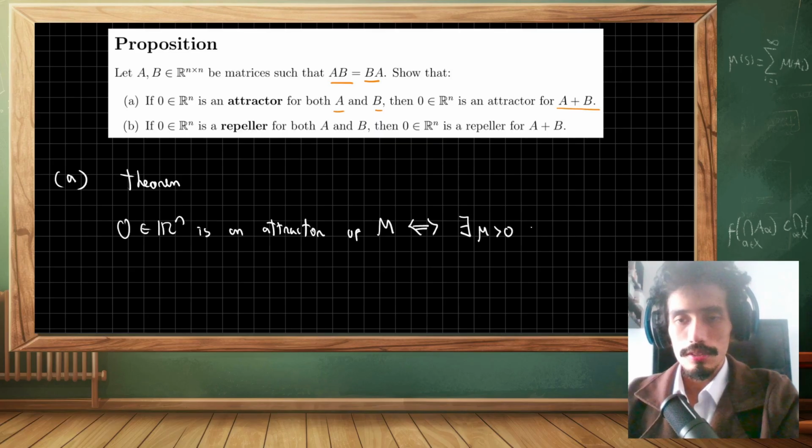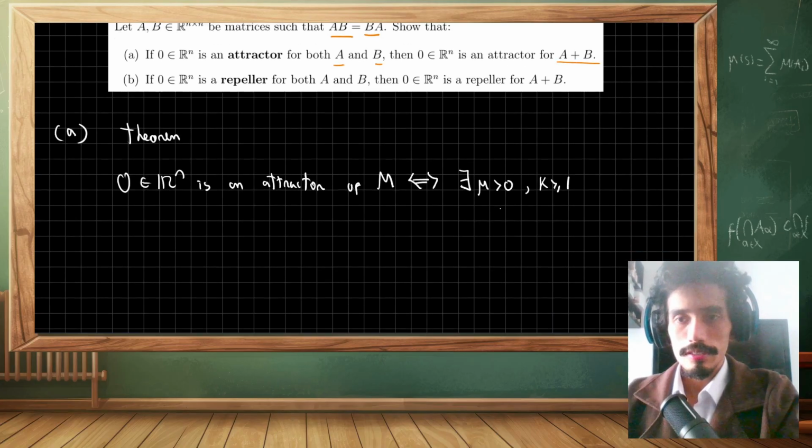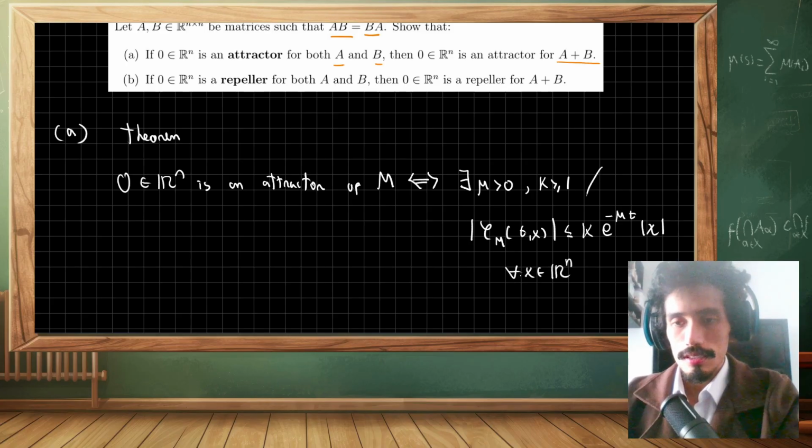One is positive and the other constant is more or equal than 1, such that the norm of the flux of M is less or equal than k times the exponential of minus mu t times the norm of x, for every vector x and for every non-negative t.